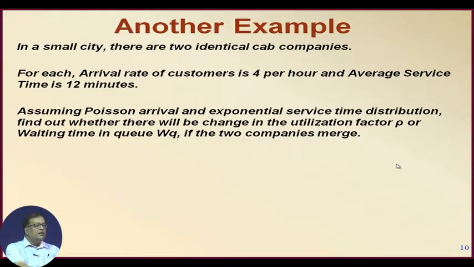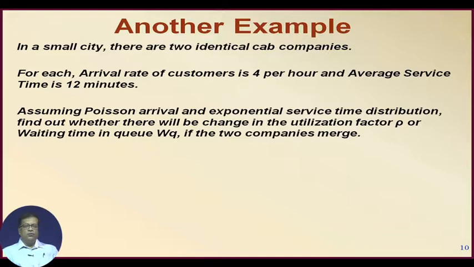Look at another example. In a small city, there are two identical cab companies. For each, the arrival rate of customers is 4 per hour and the average service time is 12 minutes. Assuming Poisson arrival and exponential service time distribution, find out whether there will be a change in the utilization factor rho or waiting time in the queue WQ if the two companies merge.